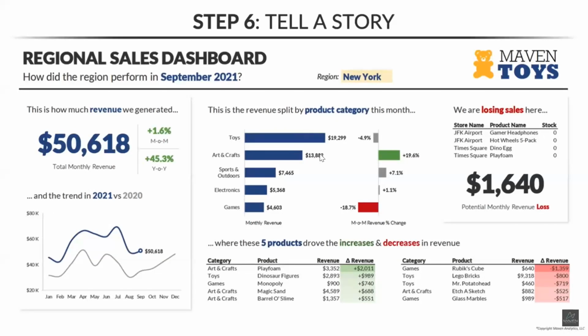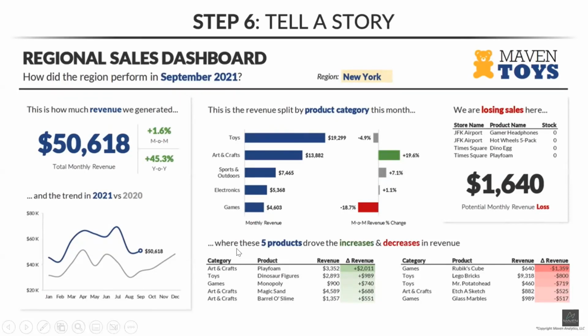This is the revenue split by product category for the current month, and this is the month-on-month revenue change. Maybe in September 2021 we are losing sales here, so we need to focus on this. We are clearly showing it in red color, so we are losing, right? You need to clearly mention it in red so that people understand you are losing something. This will be like an alert to them.